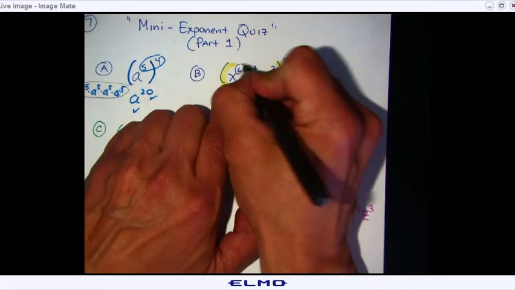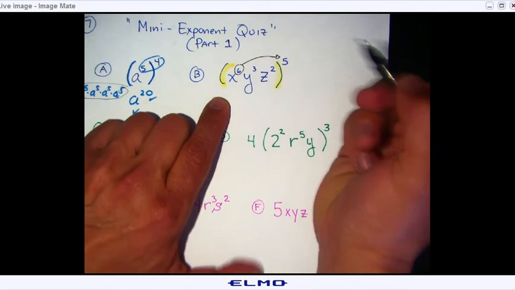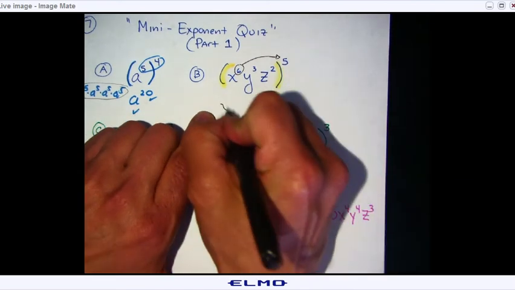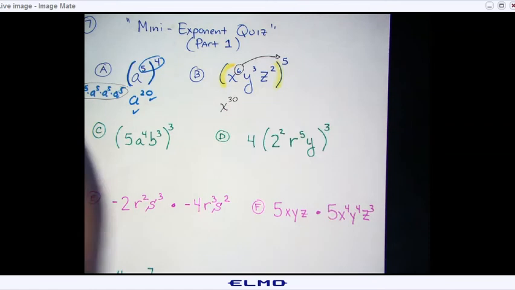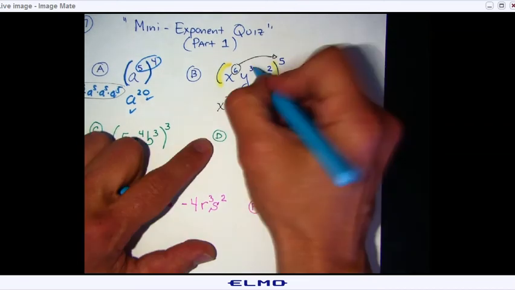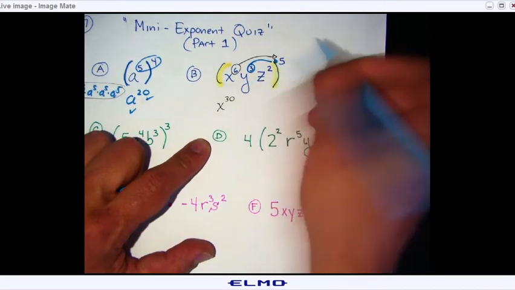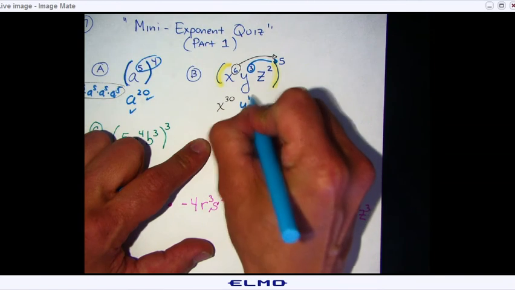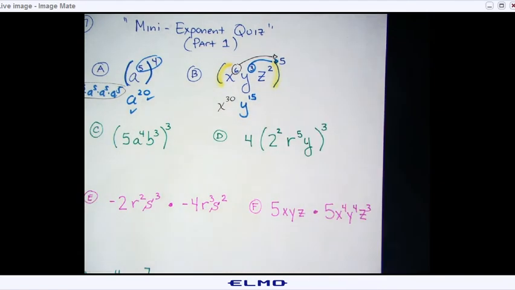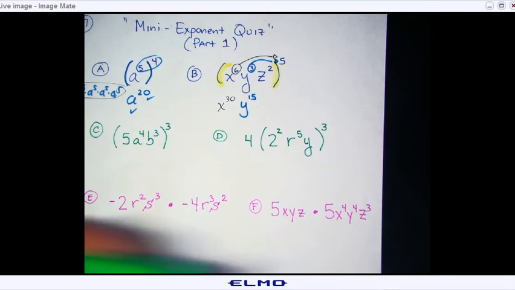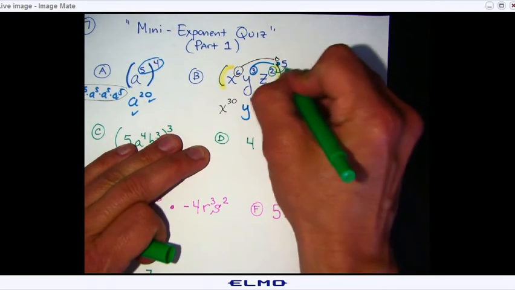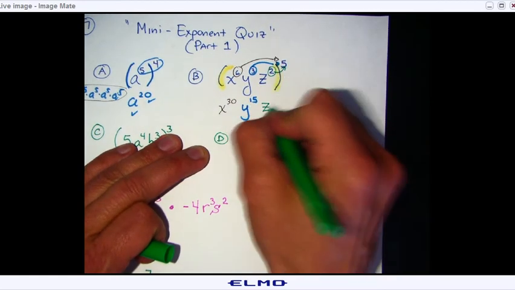So 6 times 5 is what? x to the power of 30. Okay? 3 times 5, y to the power of 15. All right? And z to the power of 2 times 5 is z to the 10.